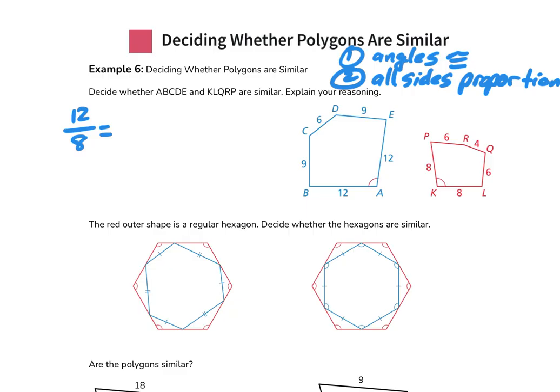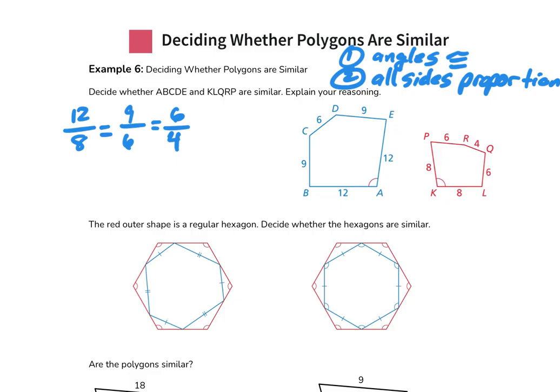Okay, and then BC is 9. 9 is going to match up with QL. And notice what I'm doing here. I'm looking at BC and QL. The next two letters are CD. CD is 6, and RQ is 4.